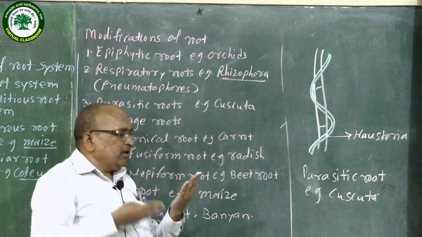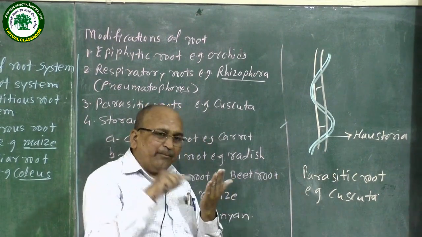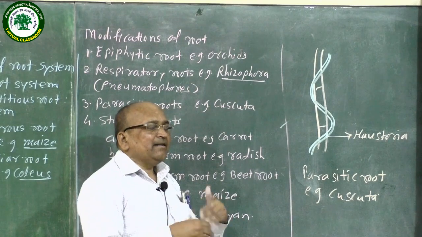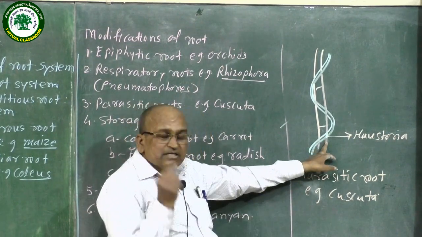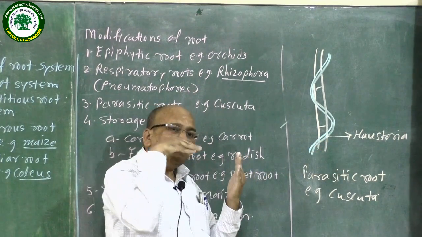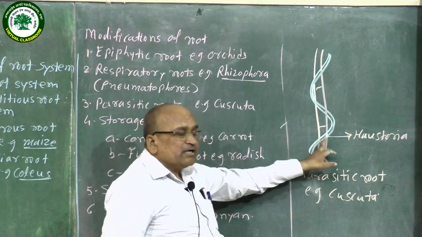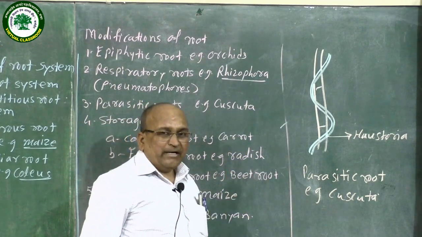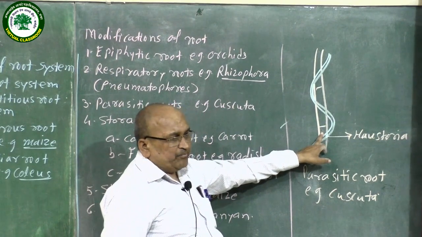This outgrowth penetrates inside the host body through the epidermis, hypodermis, and then the parenchyma cells. Later on, this outgrowth enters inside the host cells, the parenchyma cells, and through this cell, it directly absorbs the synthesized or stored food material from the host body.